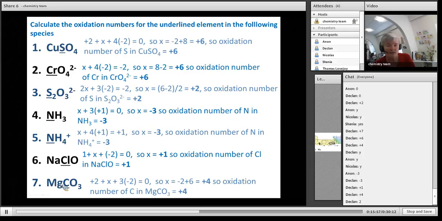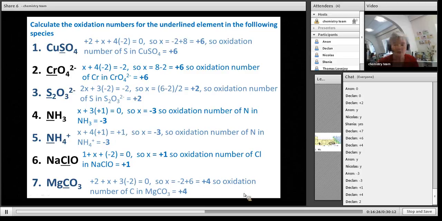So group 2 elements also form a +2 ion, just like things in group 1 form a +1 ion. So that's where that +2 comes from. X is my carbon that I don't know. Rule number 2, oxygen in a compound is always -2 unless it's hydrogen peroxide, and it isn't in this case. And rule number 5, it's all got to equal 0. So you just solve for x and you should get +4.